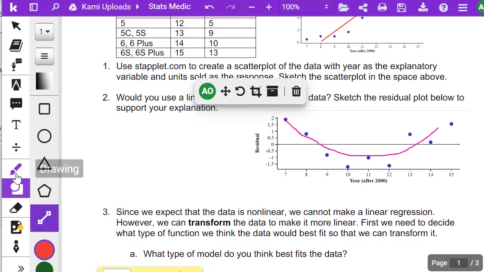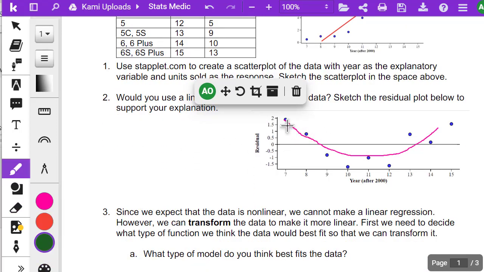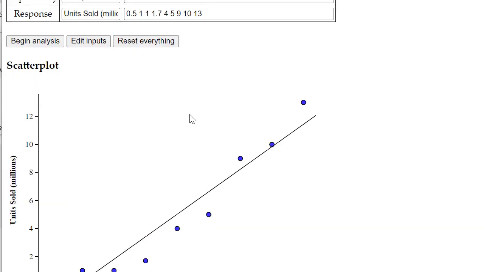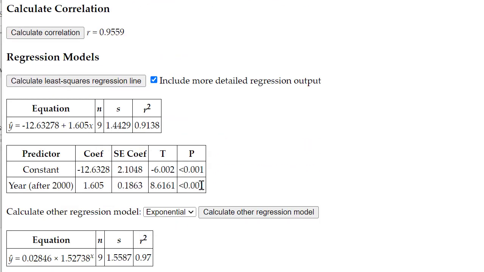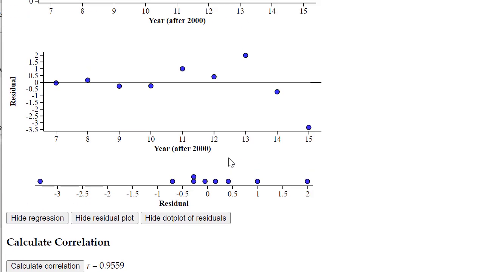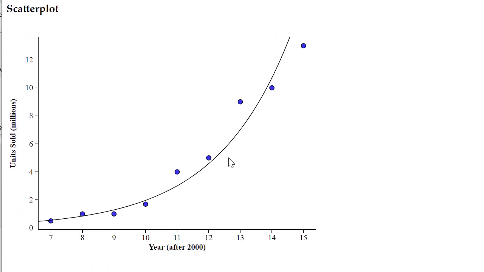If I draw the residuals in a different color, there's your residual. So it's definitely an above, below, above, below situation going on. It's got a curved pattern to it. Why? Well, because this model really is, as I hinted earlier, more of an exponential shape. All right, so let me go ahead and catch up on here.